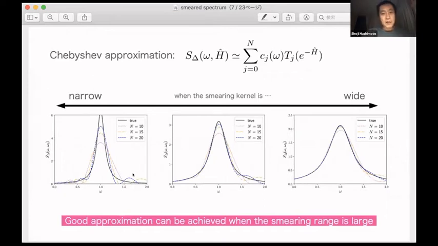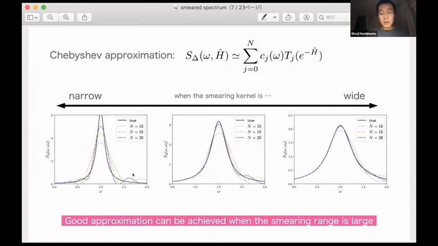Here I take the Breit-Wigner type function, a kind of smearing function, and see how well one can approximate this function using the Chebyshev polynomial. And that depends on the range of the smearing. There are three plots here.